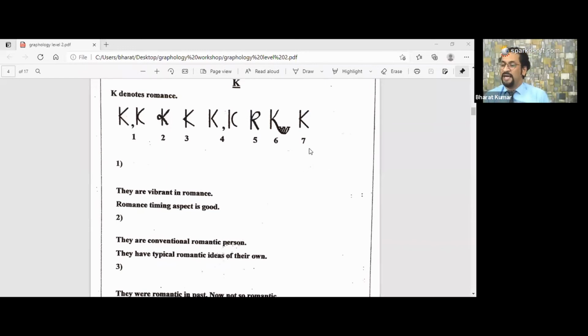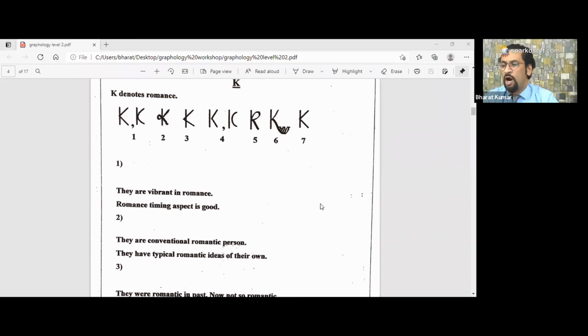Now, in the seventh case, the K is looking like a capital, but actually it is a small letter K. So the person is not romantically inclined. They are not more toward romance. Suppose they are moving with the girlfriend in a hilly area; the person will not get involved in the romance.